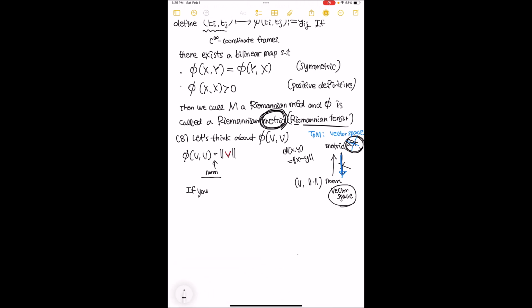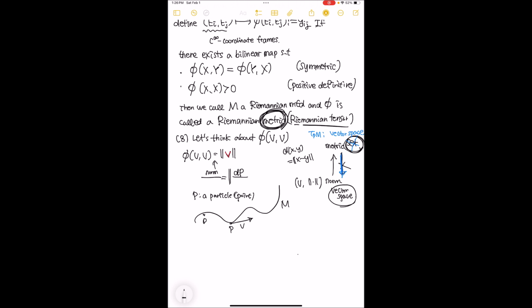If you have a curve, anyway, we can understand it like this: if P is a particle, in fact a point, and the particle moves along the manifold M, that is V, like a tangent vector.